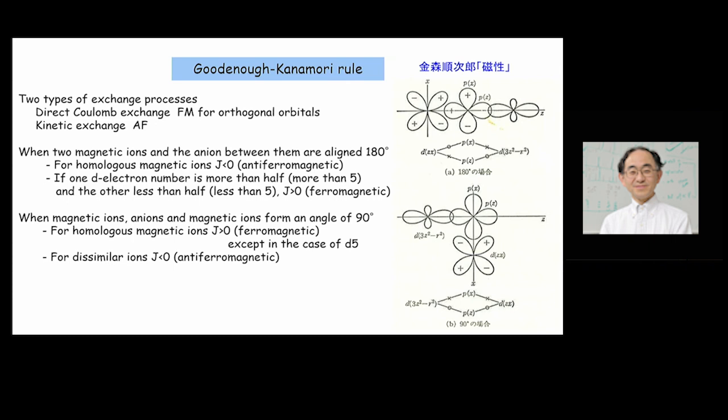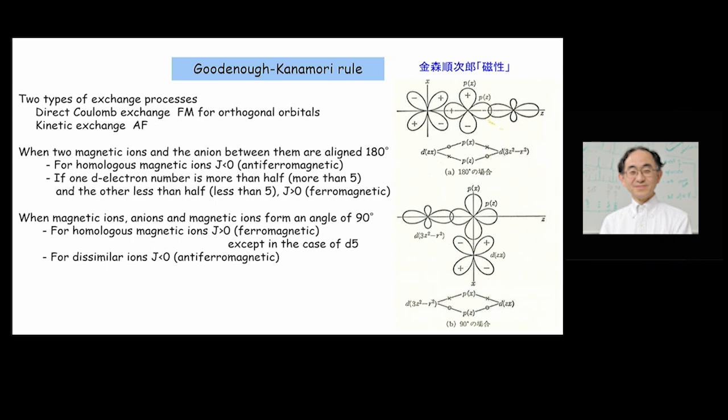I'm sorry to put the Japanese Chinese character, but this is Kanamori. Kanamori sensei wrote a book about magnetism, and I put these figures from his textbook explaining the Goodenough-Kanamori rule. Once you have this parallel 180 degree alignment, this is the d orbital, and this is oxygen, right?